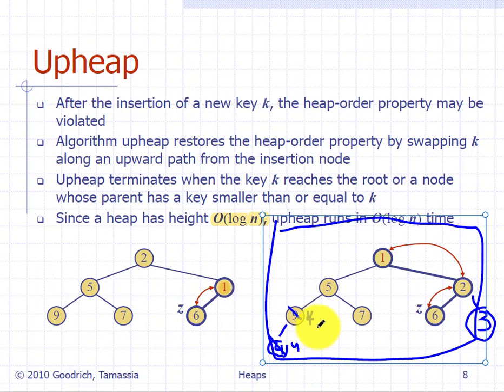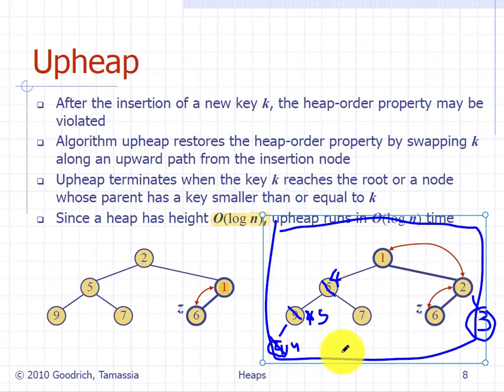We see if the heap order property is satisfied. No, it's not, because 5 is greater than 4 and 4 should be on top. So we swap this with this, and now we have the heap order property satisfied. I hope this makes sense. This is how you can insert items into a heap.